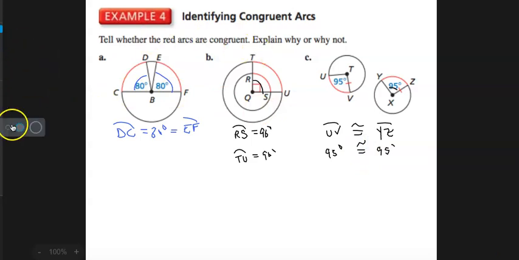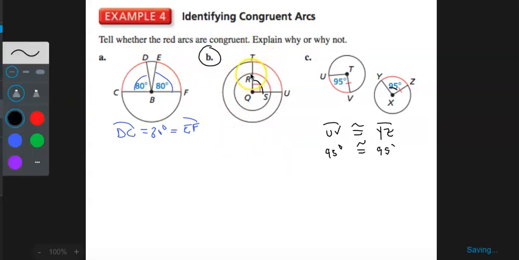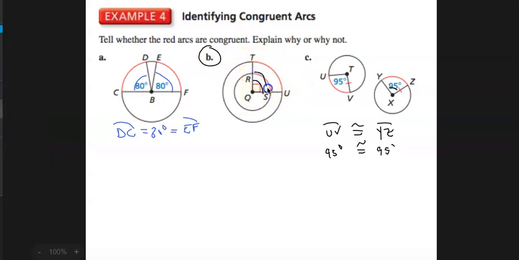So let's come back and adjust B. RS is the 90 degree angle. TU also uses the 90. RS has a different radius than QT. So the radius for RS is not the same as the radius for QT.